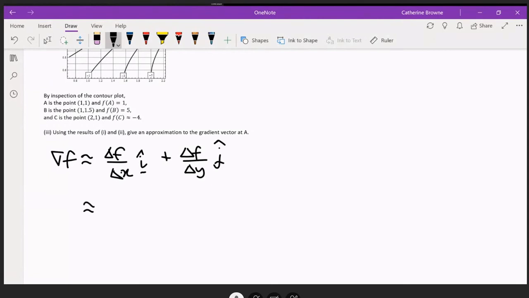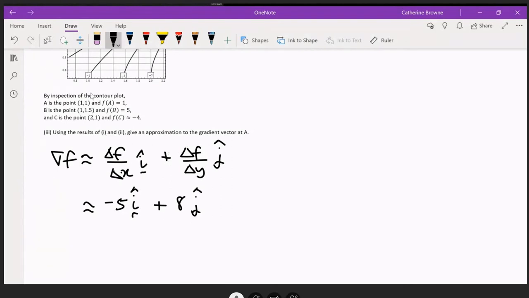We found the first to be approximately -5 using the points A and C, and we found the second to be approximately 8. So that's an approximation of the gradient vector at A.